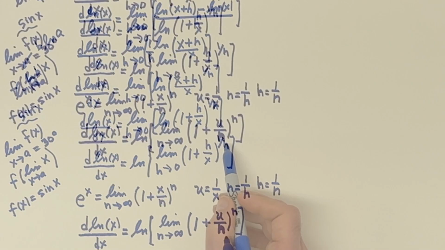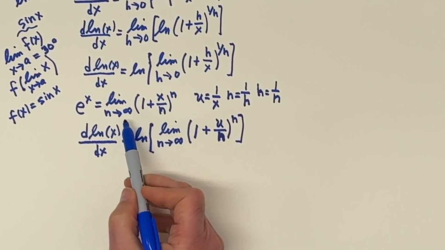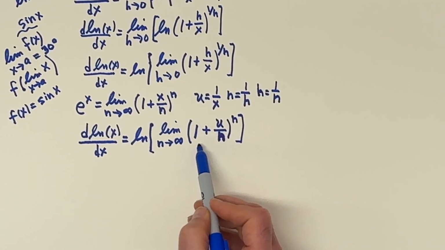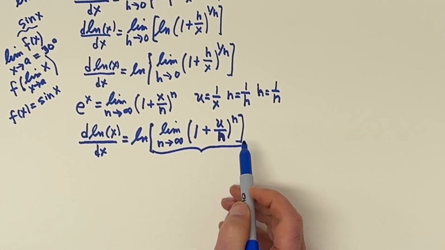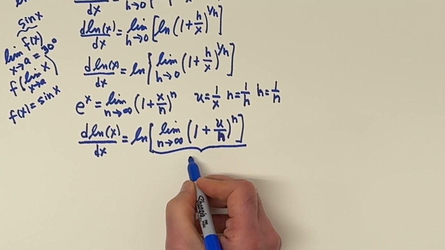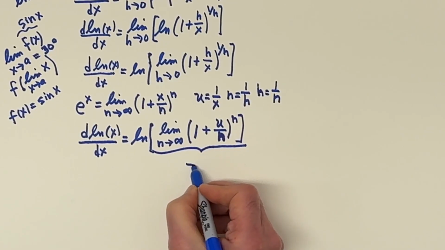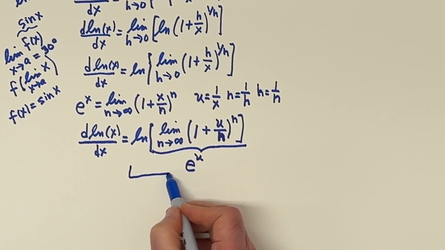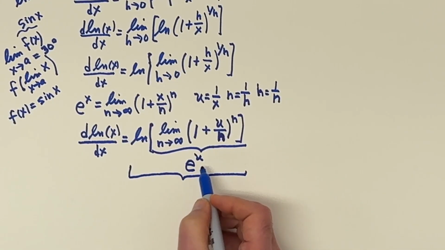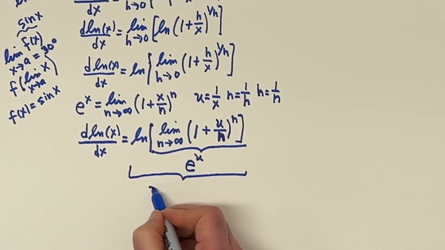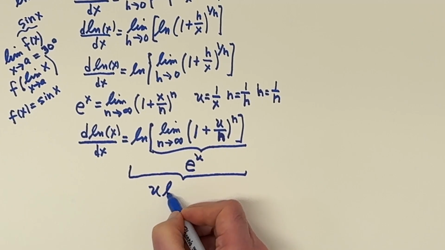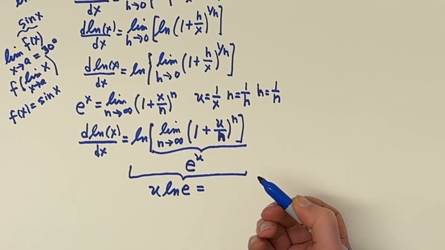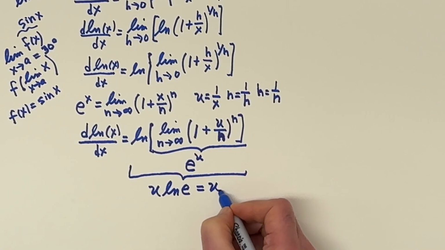Now that I have this, I see that I can identify x with the u and the n is there. So when I take this limit, this is simply e to the u. Now when I take the logarithm of e to the u, this is going to be u. You could write it out using the general formula, but the log of e is 1, so this is u.